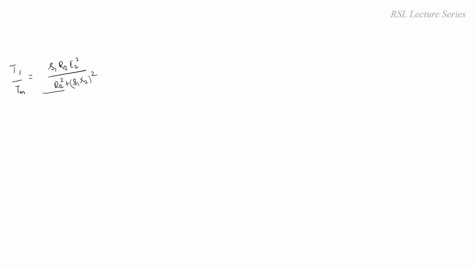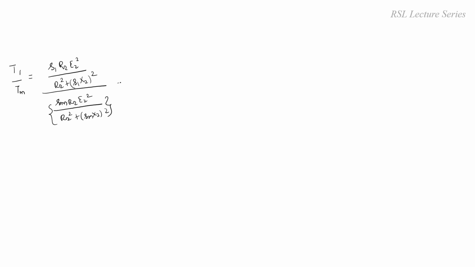Okay, this entire thing divided by the Tm value. The Tm equation is Sm into R2 into E2 square divided by R2 square plus (Sm X2) whole square.